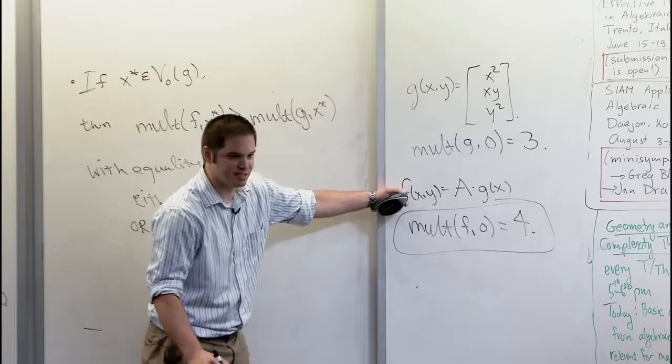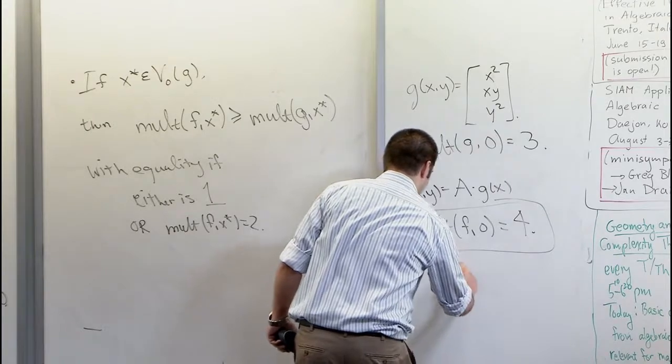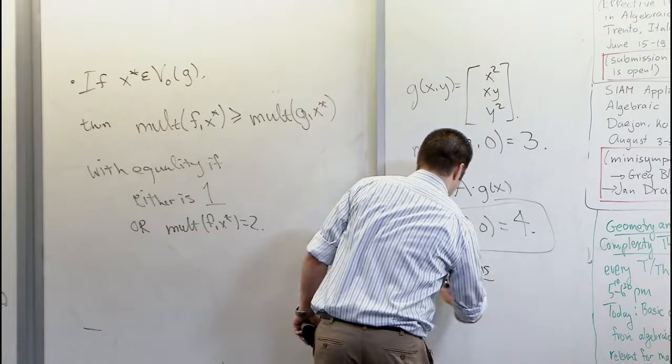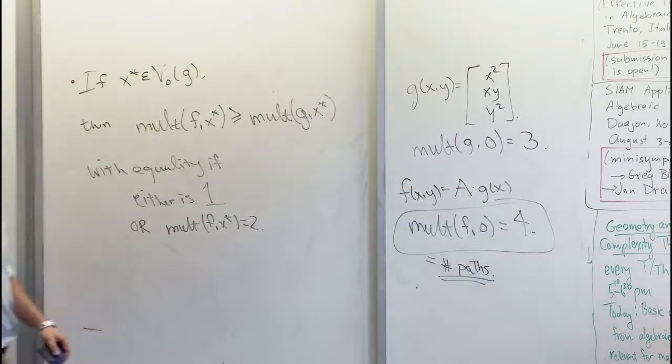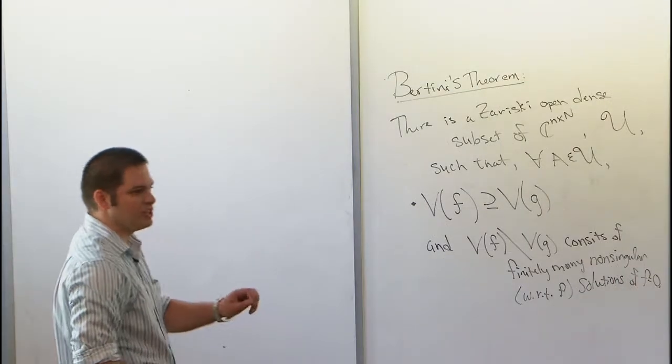Because this is a square system, this equals the number of paths, and that's what Bertini counts. So that's just a quick aside that if you have overdetermined systems, make sure you understand what the software is actually computing.